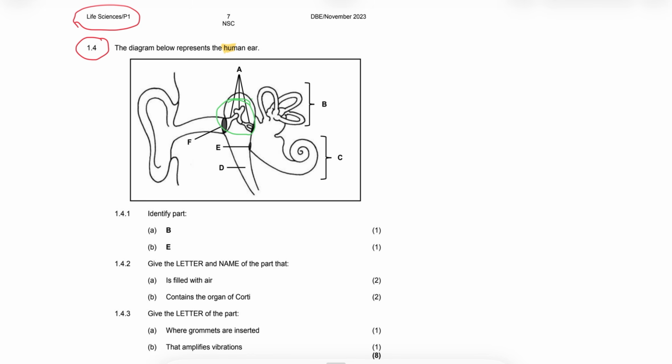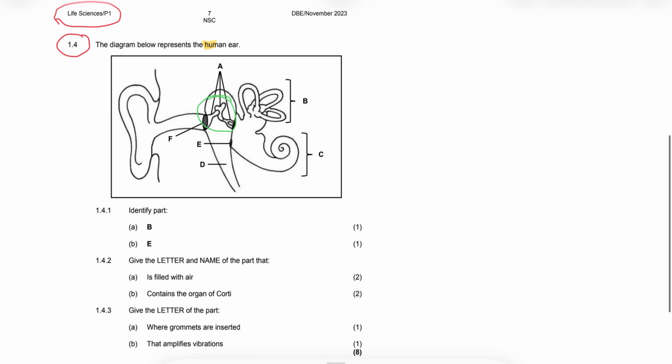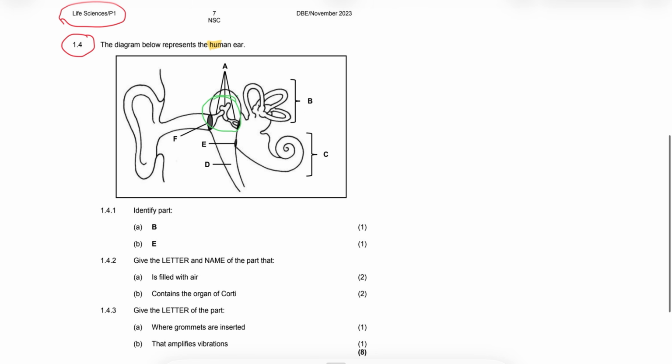These bones are the smallest bones found in the human skeleton. All right, and they're found in the ear, right? So these bones are referred to as ossicles. They are called ossicles.